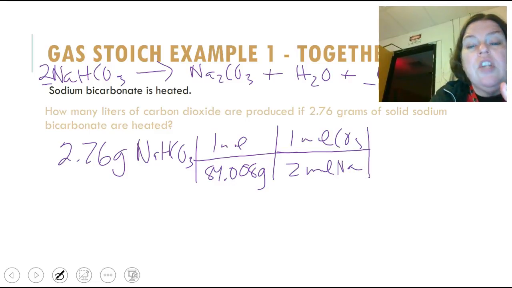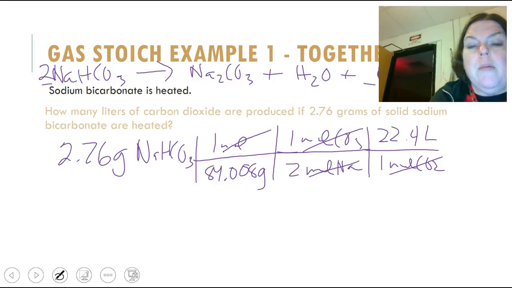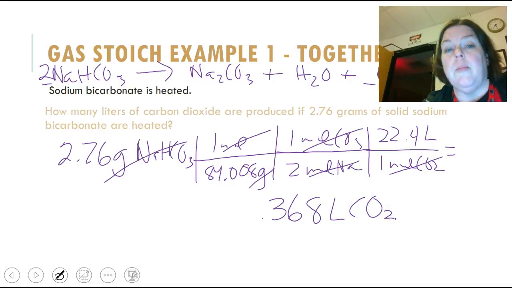Now we can change to liters because we have 22.4 liters at STP for 1 mole of CO2. Moles of CO2 are gone, moles of bicarbonate are gone, grams of bicarbonate are gone, and the answer we get is 0.368 liters of CO2. And that's at STP because we have no other conditions to go by.